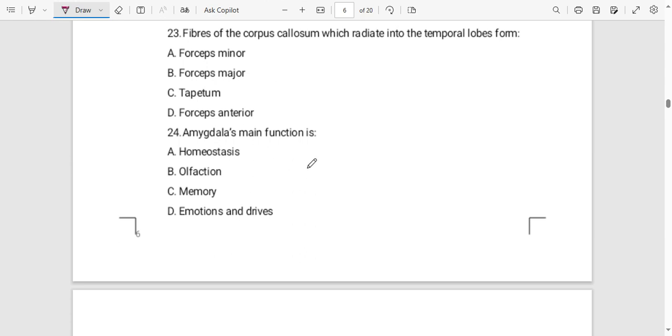Emotions are attached. You can use this mnemonic for the functions of the limbic system: homeostasis, olfaction, memory, emotion. Homeostasis, mainly the hypothalamus. Olfaction, you have the uncus. Memory, you have the big guy, the hippocampus. Emotion, you have the amygdala.